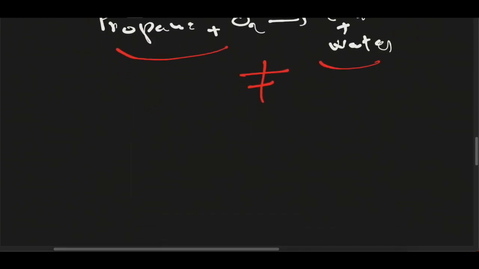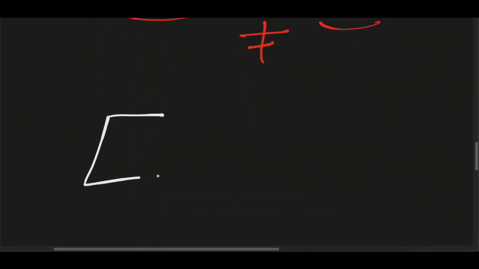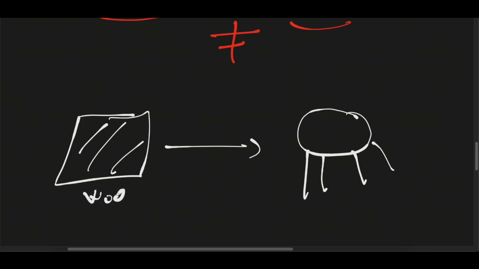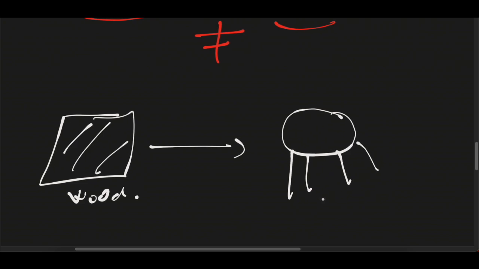Here we have a piece of wood which is converted to a round table. The beginning material is wood, and the table is made of wood. So the chemical composition didn't change. So we have a physical change.